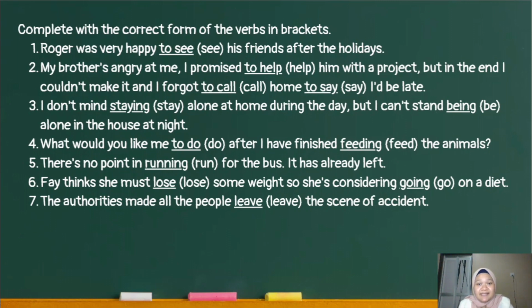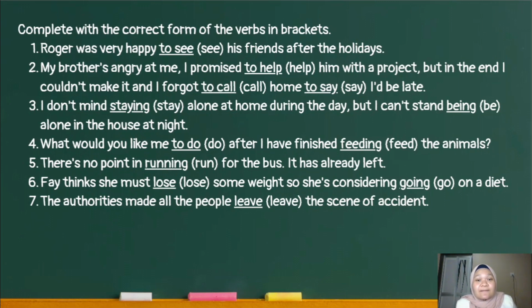Next, what is to infinitive? To infinitive is where we use the word to, and after the word to, you use the root word of the verb. As examples: to see, to help, to call, to swim, to talk. So the last one, what is it?